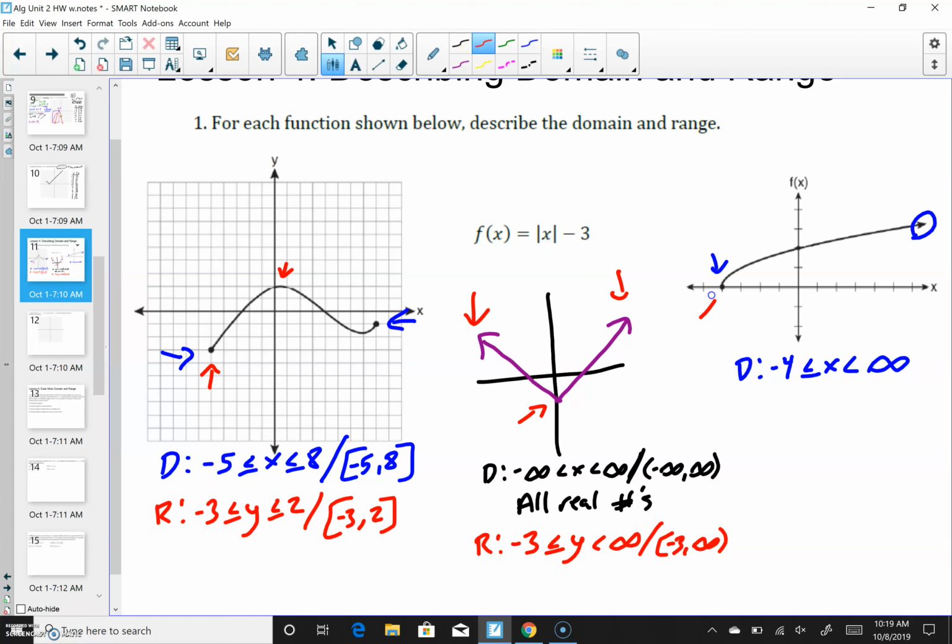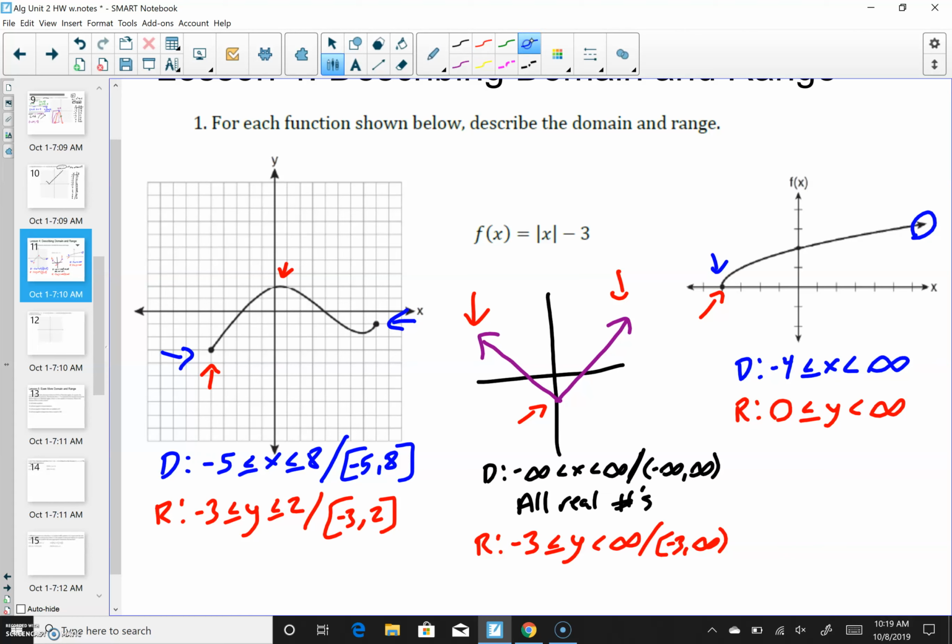For our range, our smallest point is in that same location, except for the y value here, it's at 0. It's right on the x-axis. So 0 less than or equal to y. And although this arrow looks like it's pointing mostly to the right, it will continue to go up and up forever. Therefore, our range is also to infinity.